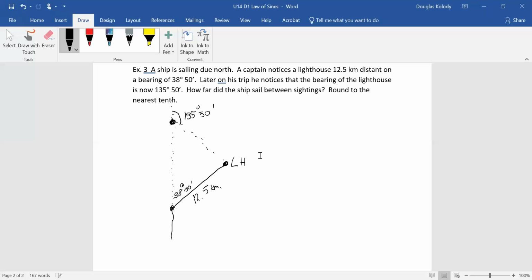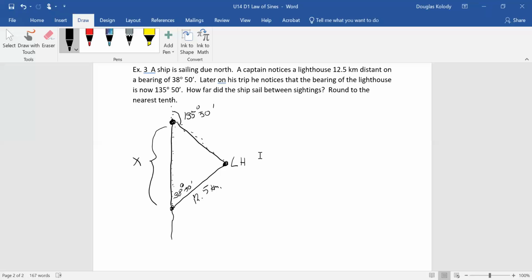Bearing 1 problems are always due to true north. It says find the distance that the boat has traveled, which is this distance right here. And here's our triangle. Let me solidify these lines. There we go.